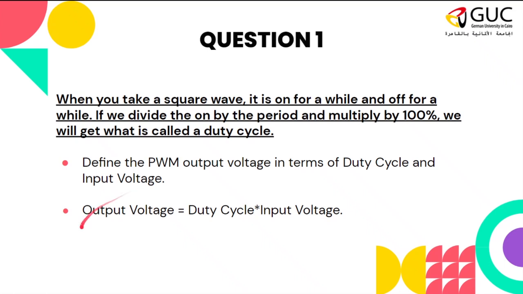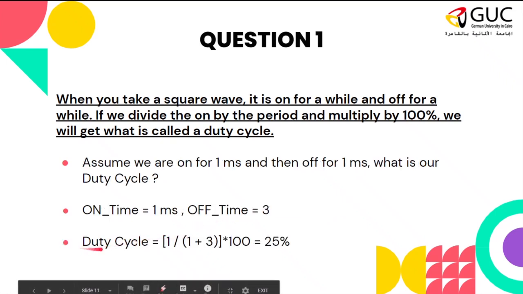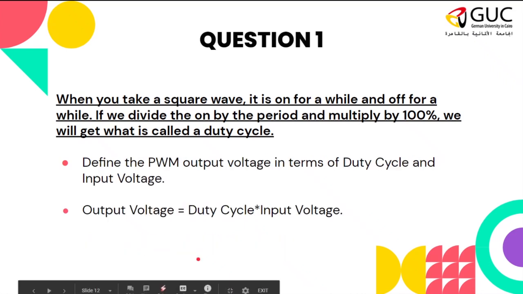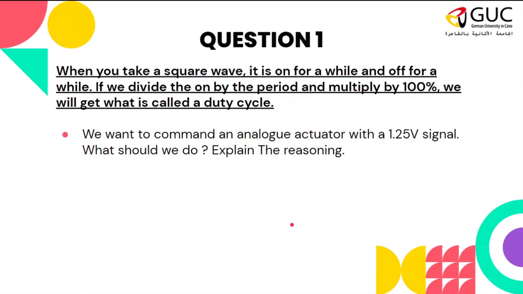The duty cycle is what we got previously in this question and in that question. So now we can know the altered value when we multiply the duty cycle by the input voltage.